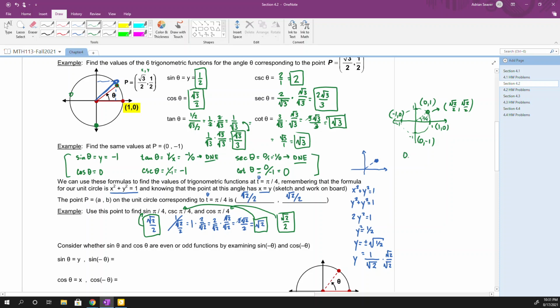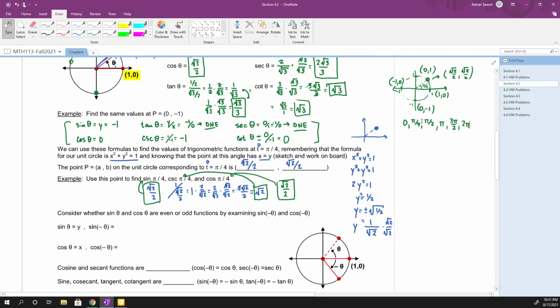So far we know between 0 and 2 pi at least: 0, pi over 4, pi halves, pi, 3 pi over 2, and I guess you could say 2 pi, right? Now, we'll figure out a little bit later how we can find some other angles that are in there, but we should know the trig functions for all of those angles now, just based on those coordinates.